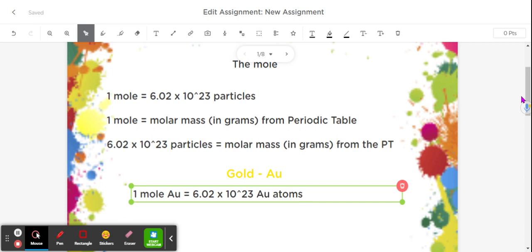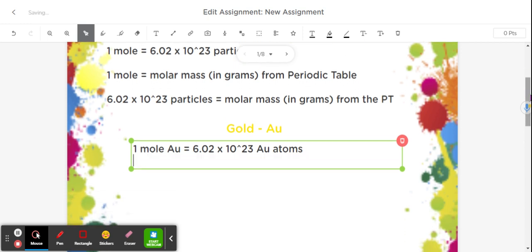We also know that if I have 1 mole of gold, and I look at my periodic table, pull out your periodic table, gold is element number 79. You see the decimal number under there? The decimal number is 196.97. So 1 mole of gold is equal to 196.97 grams of gold.